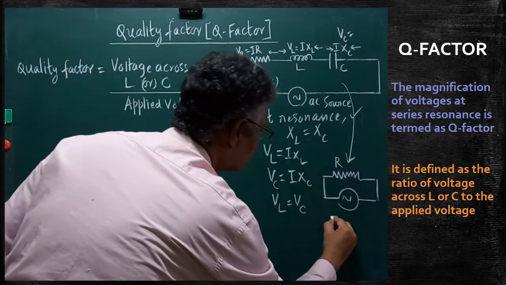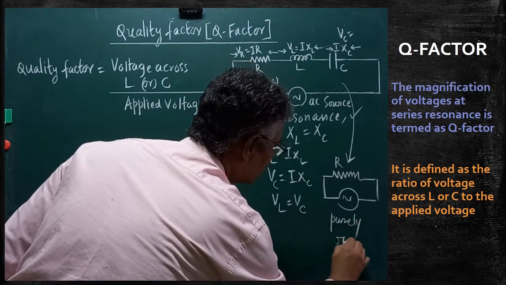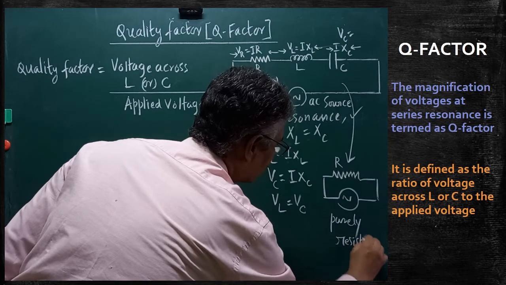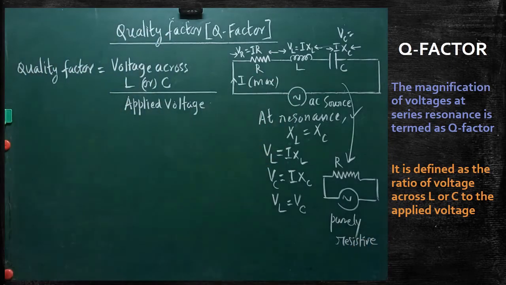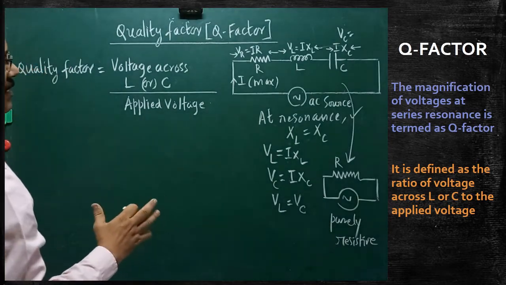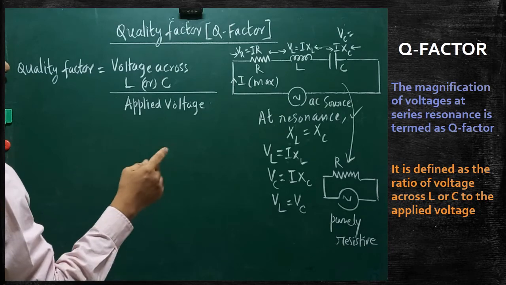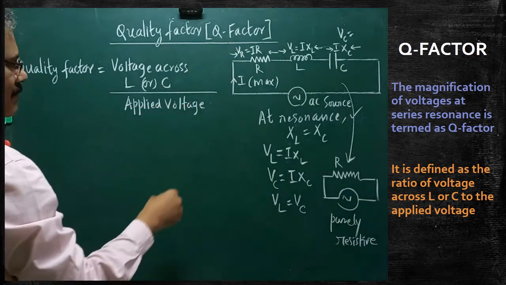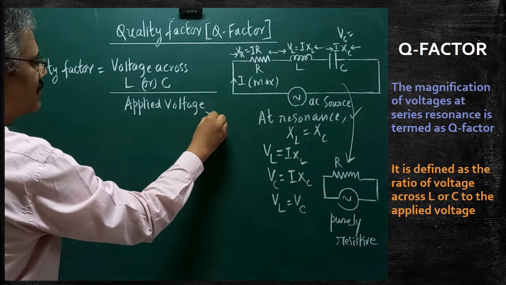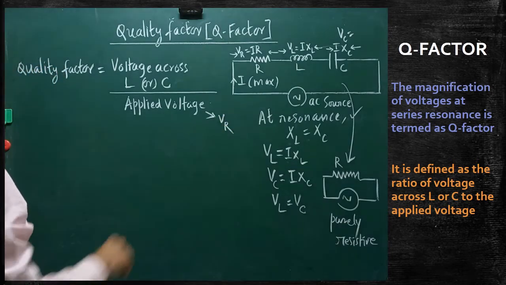Therefore, the circuit is behaving purely resistive in nature, so the applied voltage will be equal to the voltage across R, that is VR.